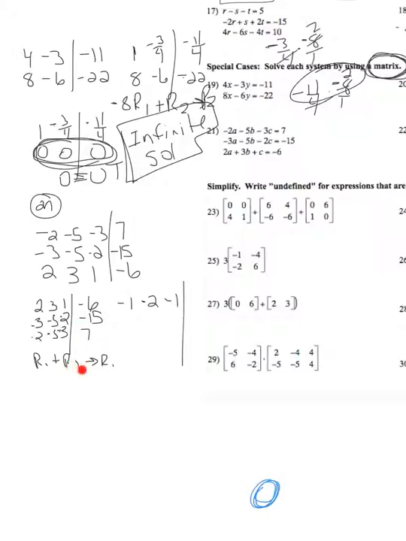And 6 plus negative 6 plus negative 15 is negative 21. Okay, and then the other ones didn't change, so we've got -3, -5, -2, and -15, and then -2, -5, -3, and 7.